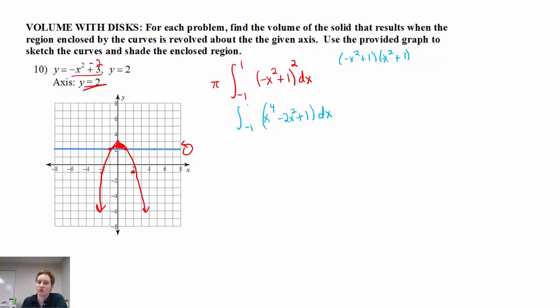And then we will go ahead and integrate. So that gives us x to the 5th over 5 minus 2x cubed over 3 plus x from -1 to 1. So we'll plug those in.